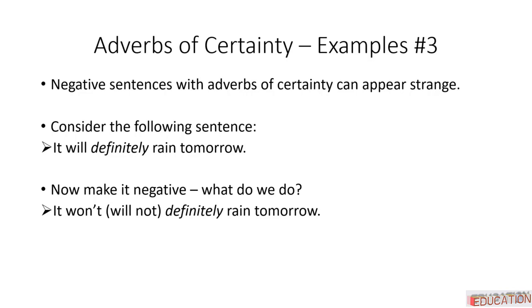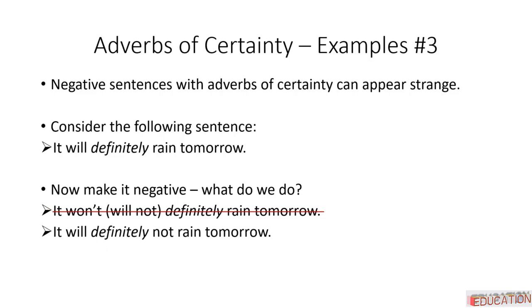So the meaning of the sentence, it will not definitely rain tomorrow, actually means it won't definitely rain, but it might. And that's not what we want to say. So we have to do something else, and we can't use this construct.